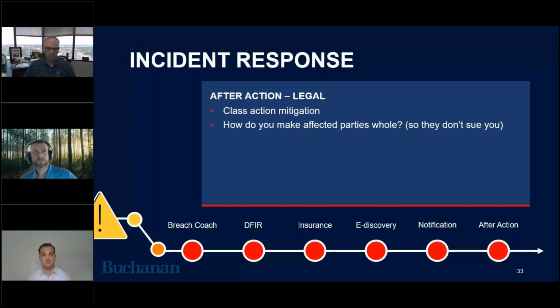Almost immediately, class action suits were filed as soon as the notifications went out. The threshold or the floor for class action liability has gone down significantly, and you can almost guarantee that if you suffer an incident that you have to notify, you're going to have a class action lawsuit filed against you. How do you mitigate that? How do you put yourself in a defensible position is really important.